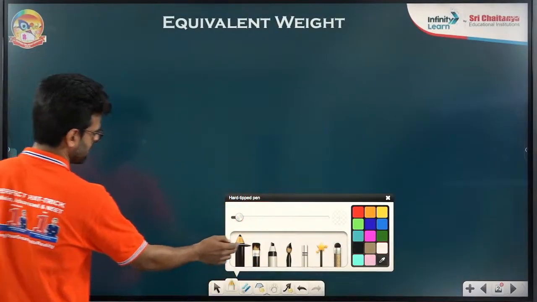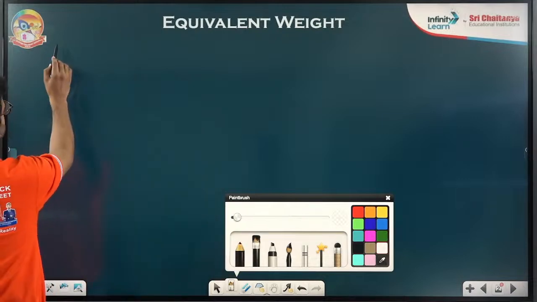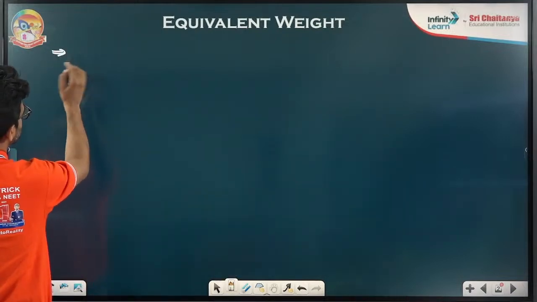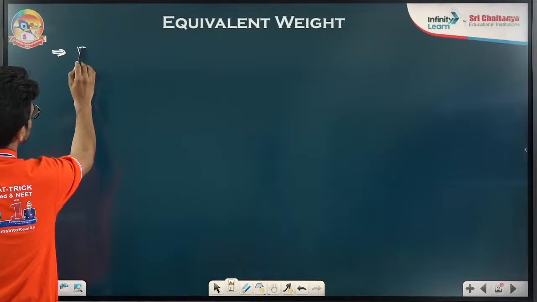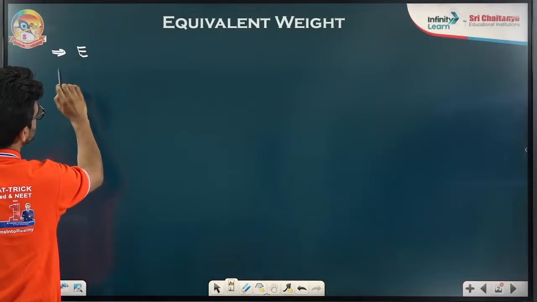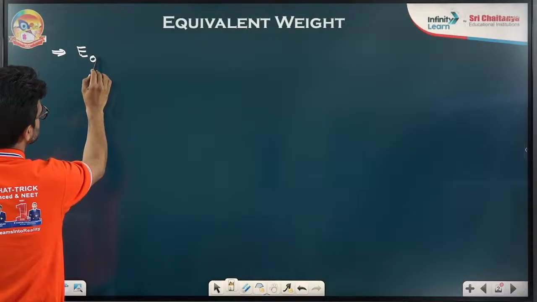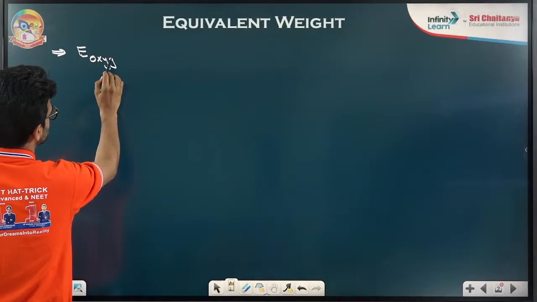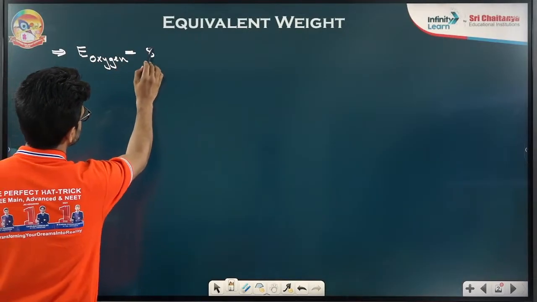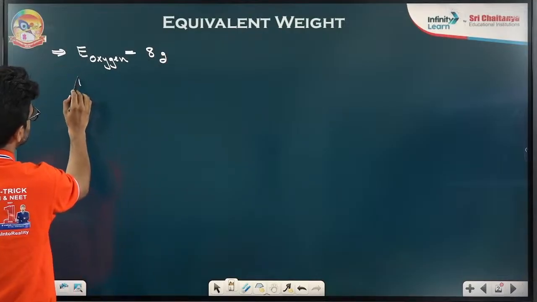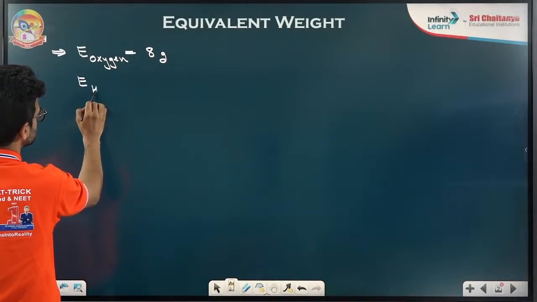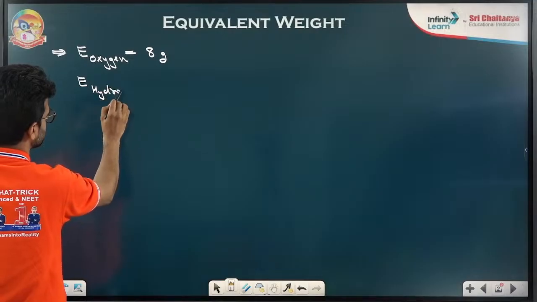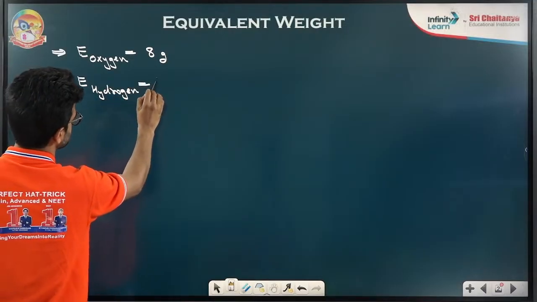So I'm telling you here carefully. First of all, just for your reference, if I'm talking about the equivalent weight, I'm showing it as E. If I'm talking about the equivalent weight of oxygen, it is 8 gram, right? The equivalent weight of hydrogen is 1 gram.